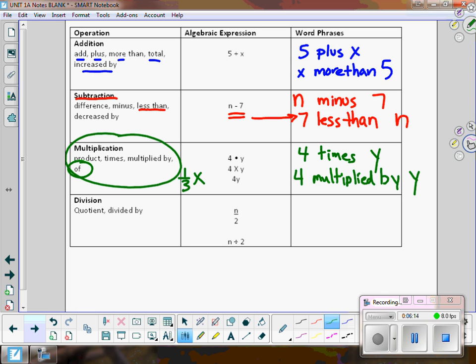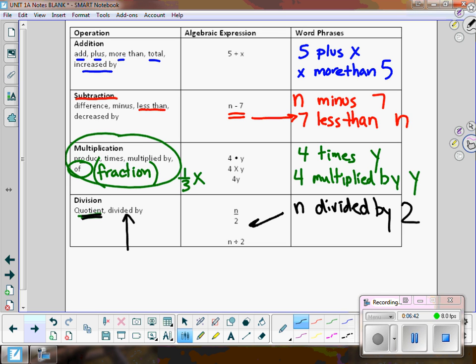That's what we mean. It's usually when you have a fraction. Okay? The last one will be division, and the technical term is the quotient. It's the quotient of two things, but you're probably used to seeing it as divided by. So I would say n divided by 2 for both of these.